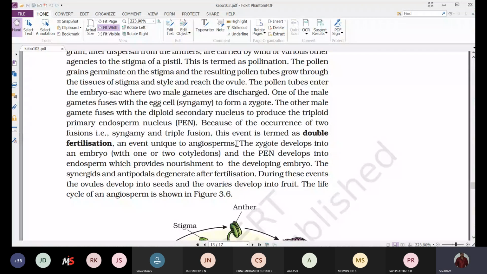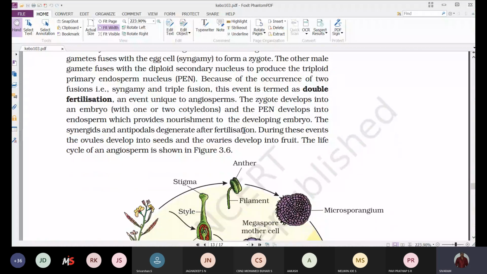And later, what is the function of this endosperm nucleus? The zygote develops into an embryo with one or two cotyledons. In dicots, the embryo develops with two cotyledons, and in monocots, the embryo develops with only one cotyledon.